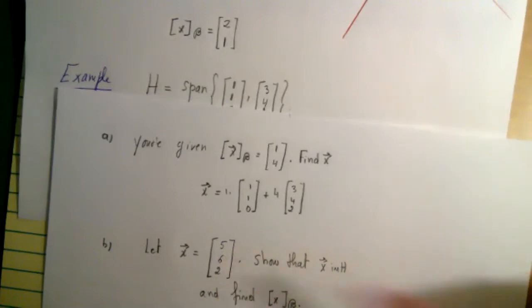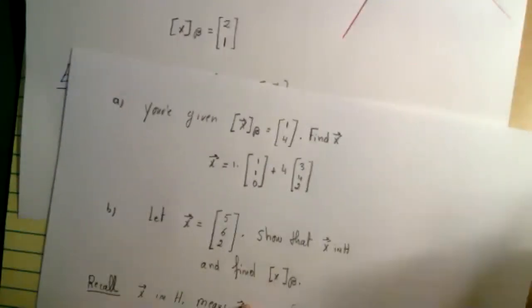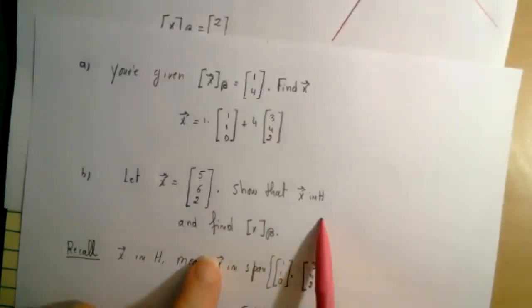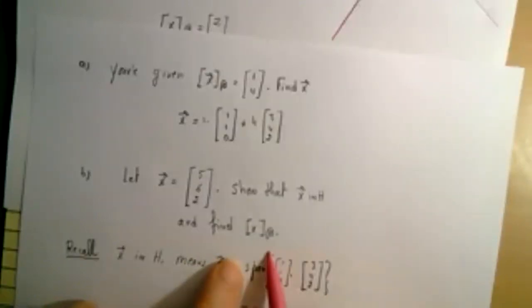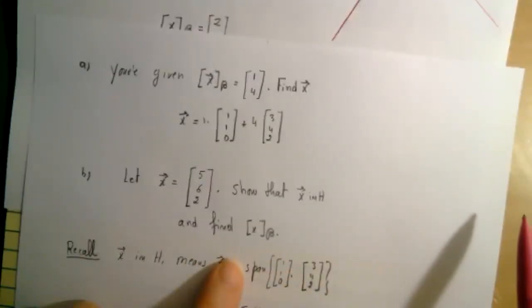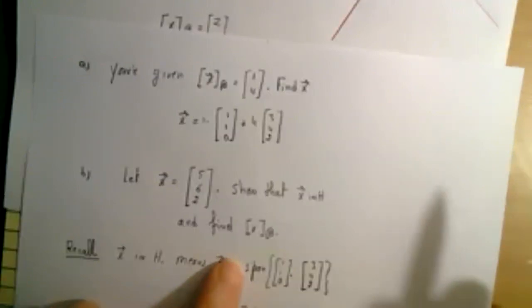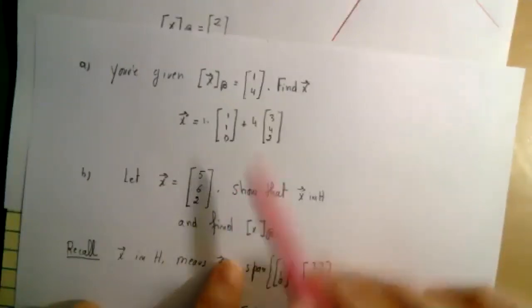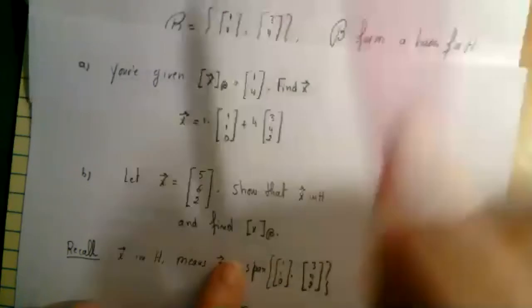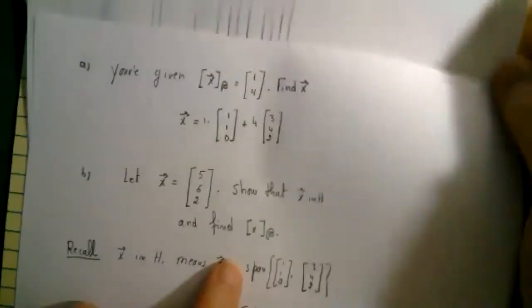Question 2 is, suppose I take a vector in R3. I want you to show that X is in H and find its coordinate with respect to the basis B. Now, what is H? H is the plane, the span of those two vectors.